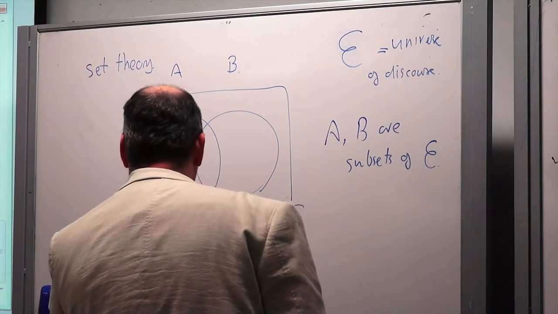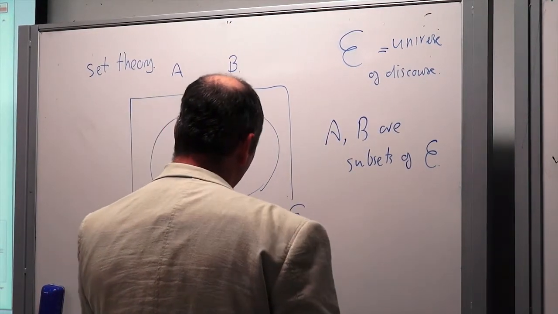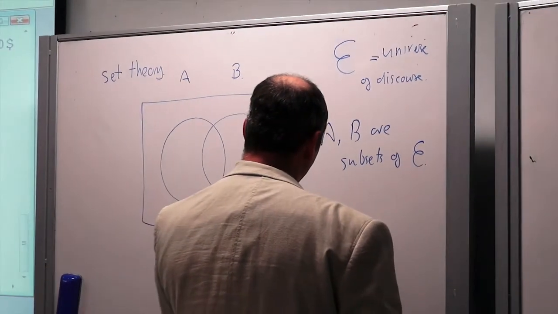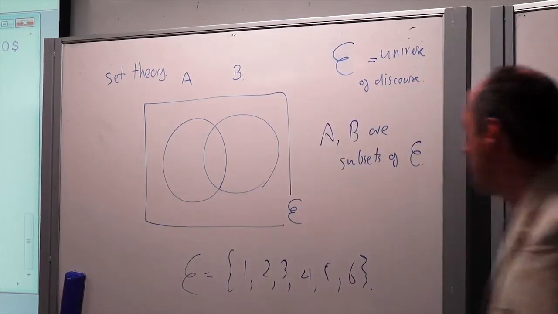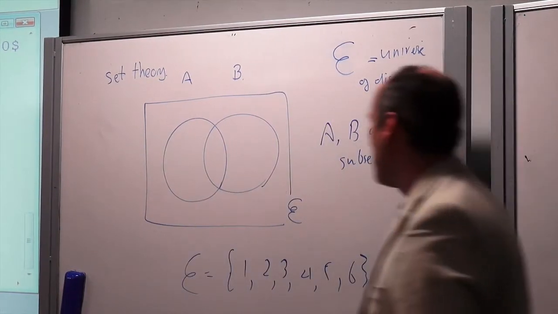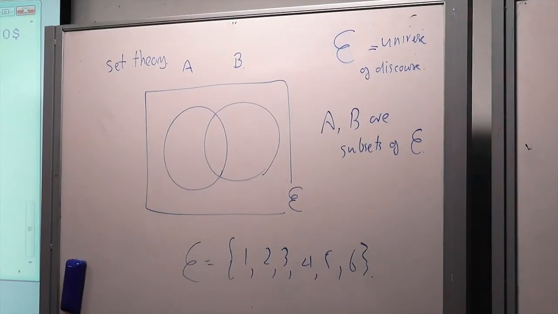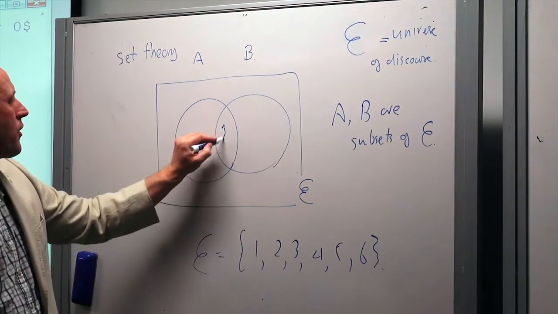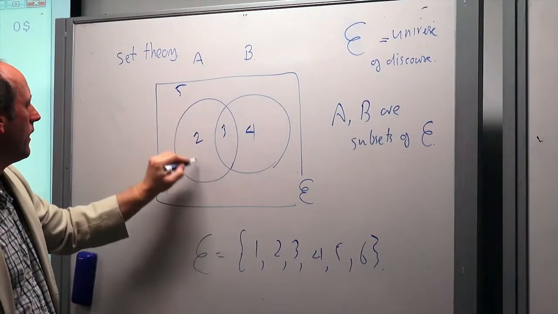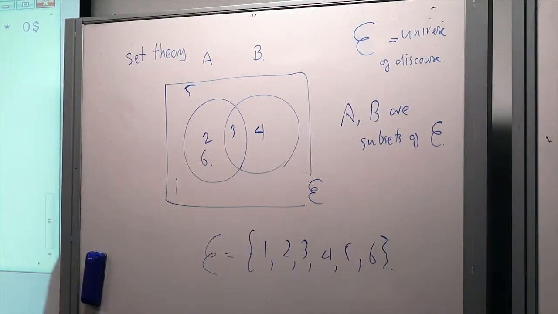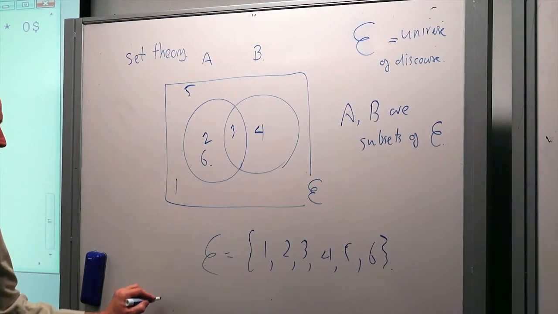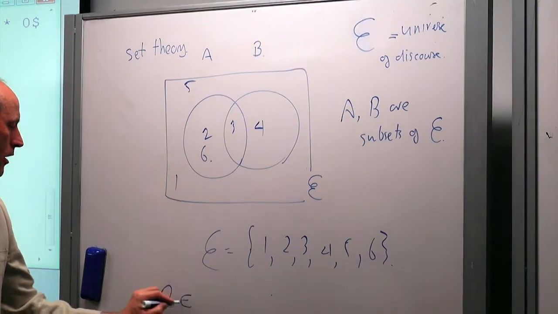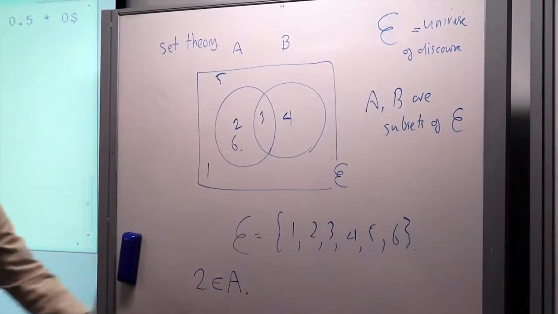So a nice example might be, you write it like this, E equals 1, 2, 3, 4, 5, 6, just 6 numbers. It could be anything. It could be people, it could be diseases, it could be planets. 1, 2, 3, 4, 5, and let's say 6. And they're like that. So the way you write it is that 2 is a member of A. Okay?